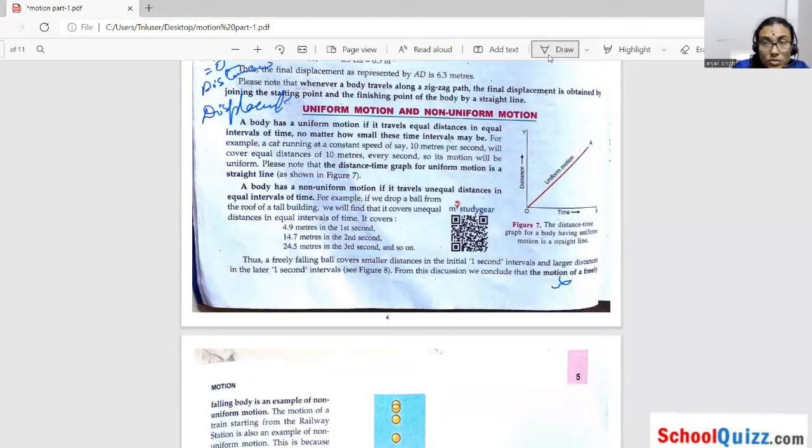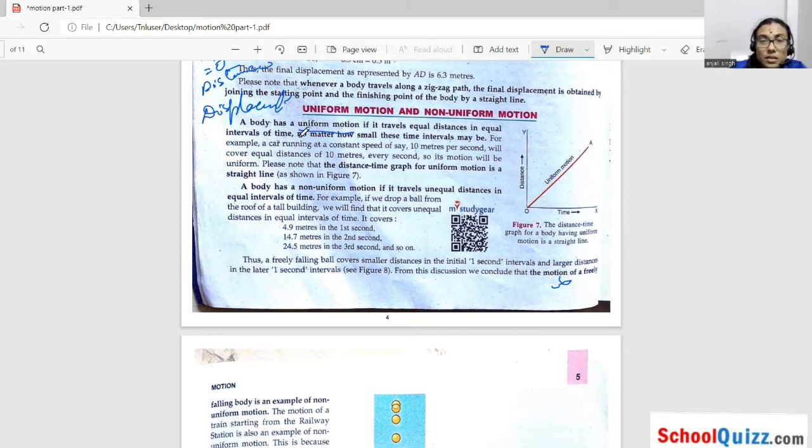Uniform motion is what? You can see a body has a uniform motion. When it has a uniform motion, it travels equal distance in equal interval of time.